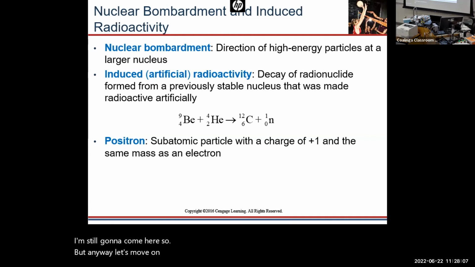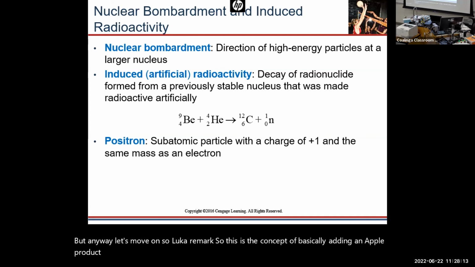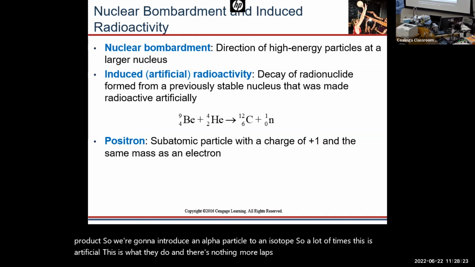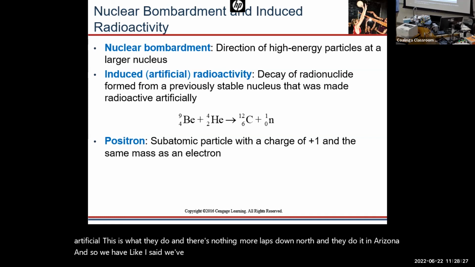So nuclear bombardment. This is the concept of basically adding an alpha particle. We're going to introduce an alpha particle to an isotope. A lot of times this is artificial. This is what they do at Lawrence Livermore labs up north, and they do it in Arizona. Like I said, we've been developing this technology. We use it in nuclear reactors on submarines and on some of the ships.